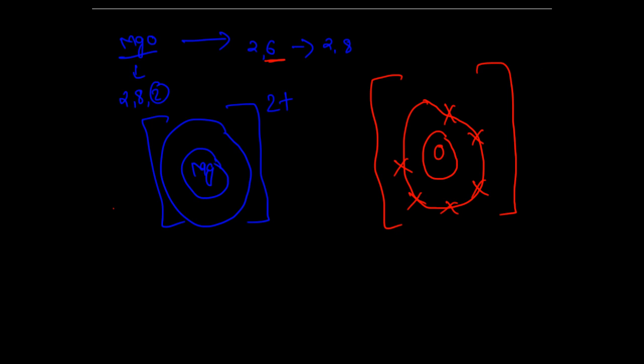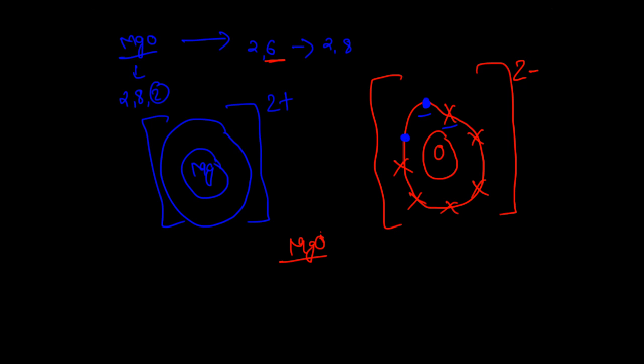And since it has gained 2 electrons from magnesium, we'll have 2 dots. This is why it is given the name dot and cross diagram. And since it has gained 2 electrons, it has charge 2-. So these are the basic dot and cross diagrams of ionic compounds.